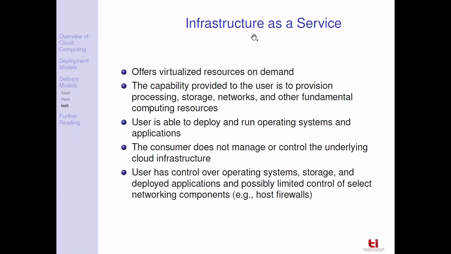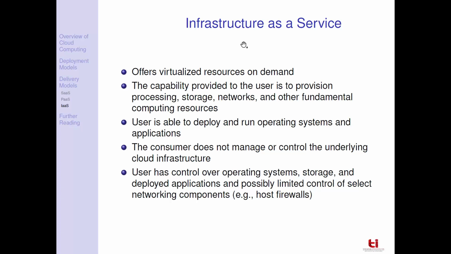Infrastructure as a service. Infrastructure as a service, that is IaaS, offers virtualized resources to the user on demand. Virtualized resources are like computation, storage, communication, etc. And these are offered to the users as virtual machine instances or virtual storage.